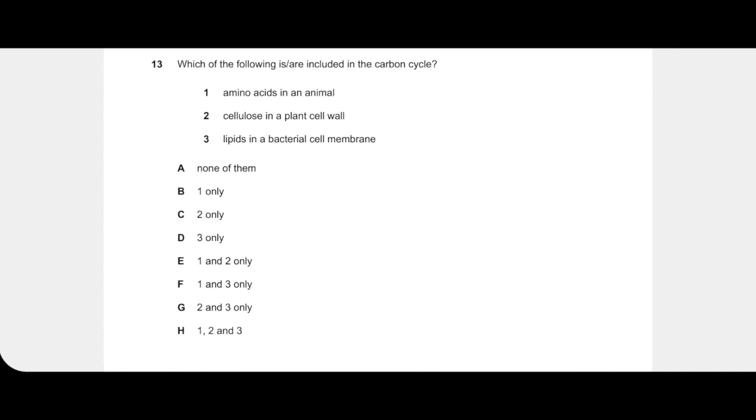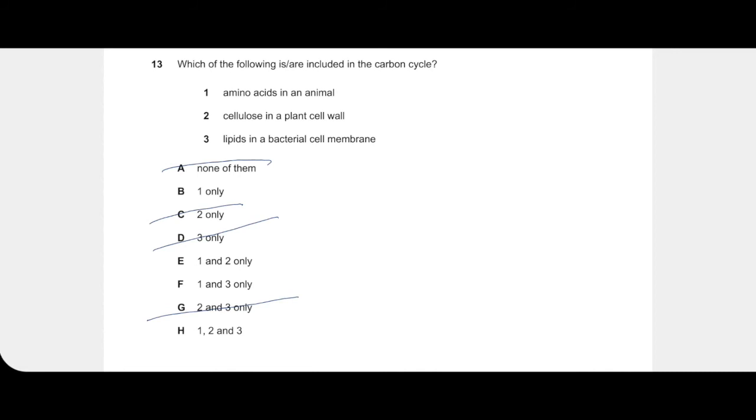So, amino acids in animals are used in the carbon cycle because they're digested by other predators or microbacteria, saprobionts. So statement 1 is correct. So we can straight away eliminate A, we can eliminate C, we can eliminate D, we can eliminate G.